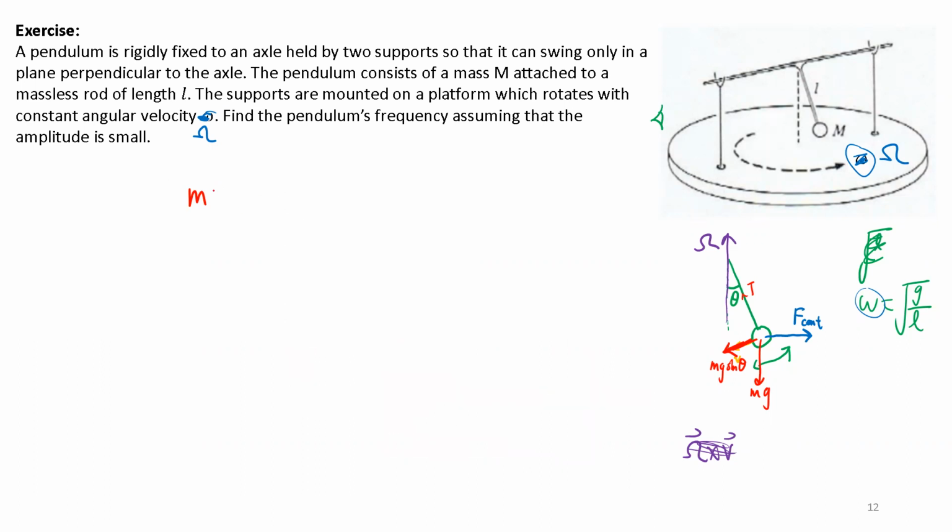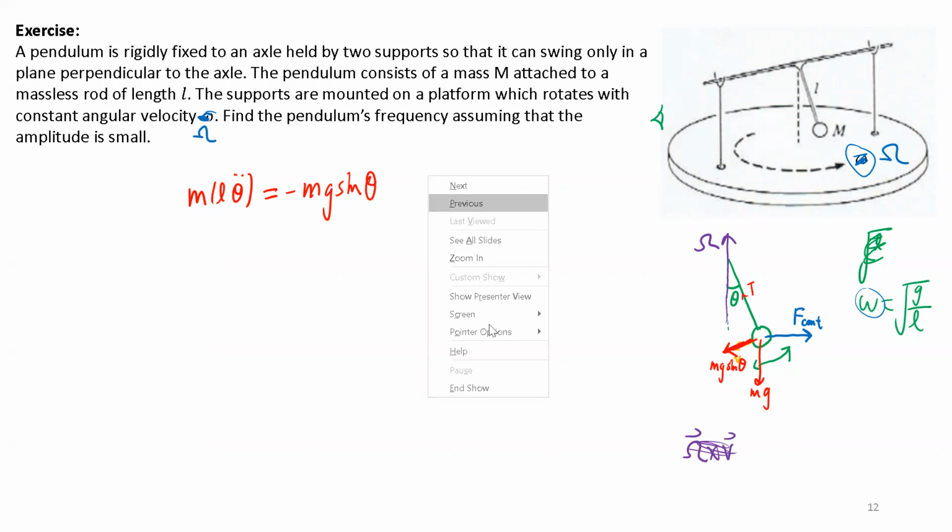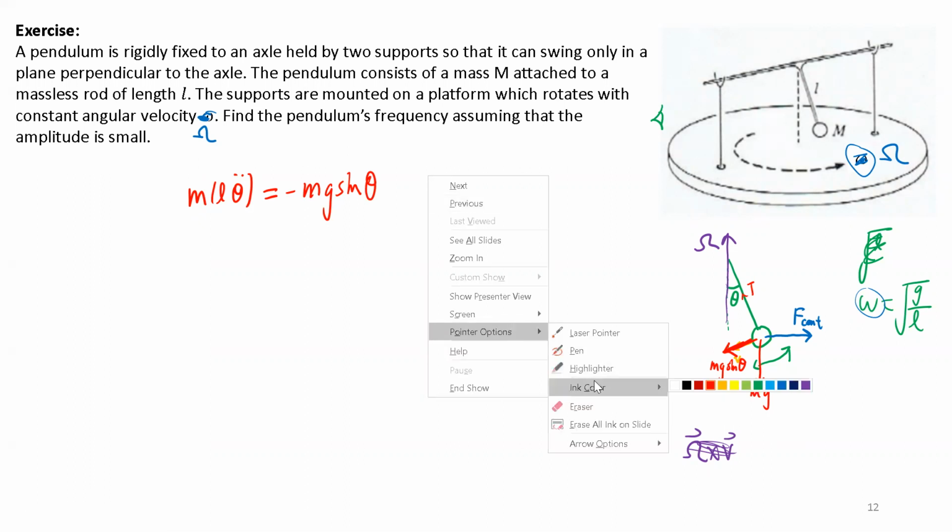So the acceleration of the mass in the tangential direction, L theta double dot, would be equal to this term. But if you just write this down, this is just the original simple pendulum that you have learned before.